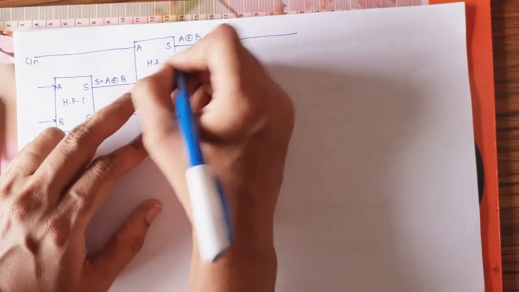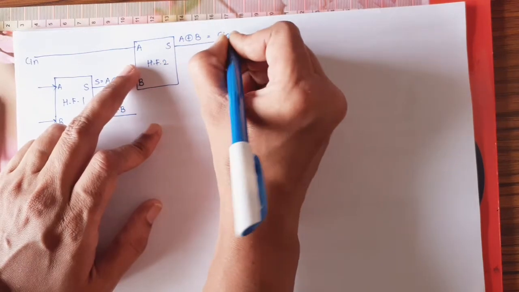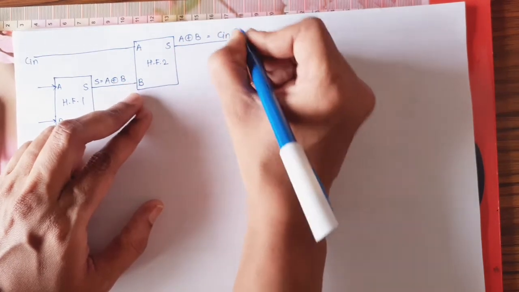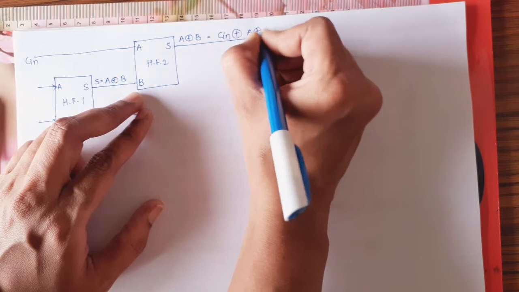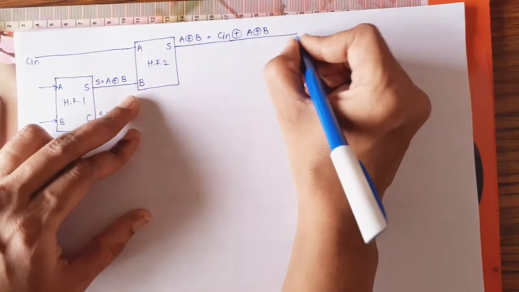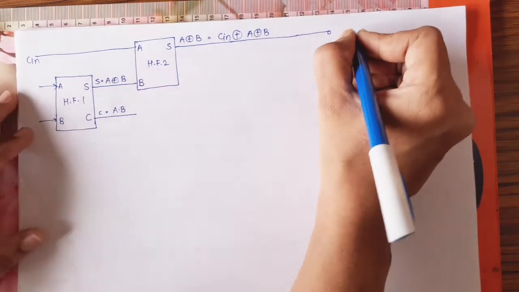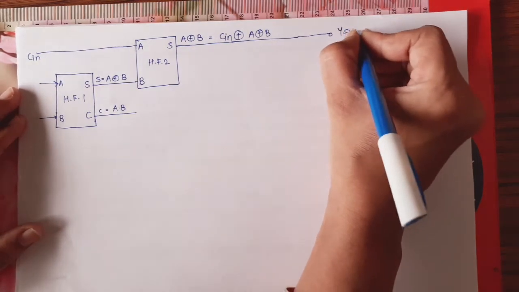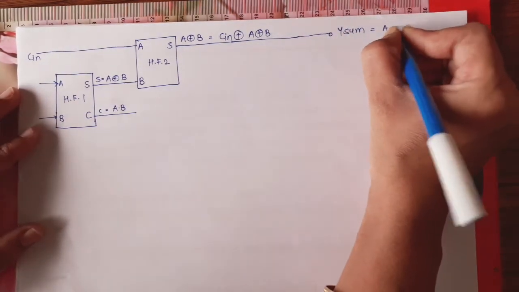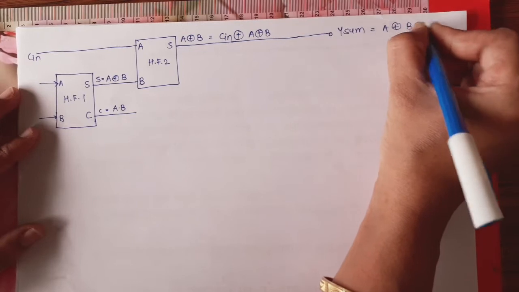Now in case of second half adder, Cin is representing A, whereas A XOR B is representing B. So this becomes the sum of full adder, A XOR B XOR Cin.